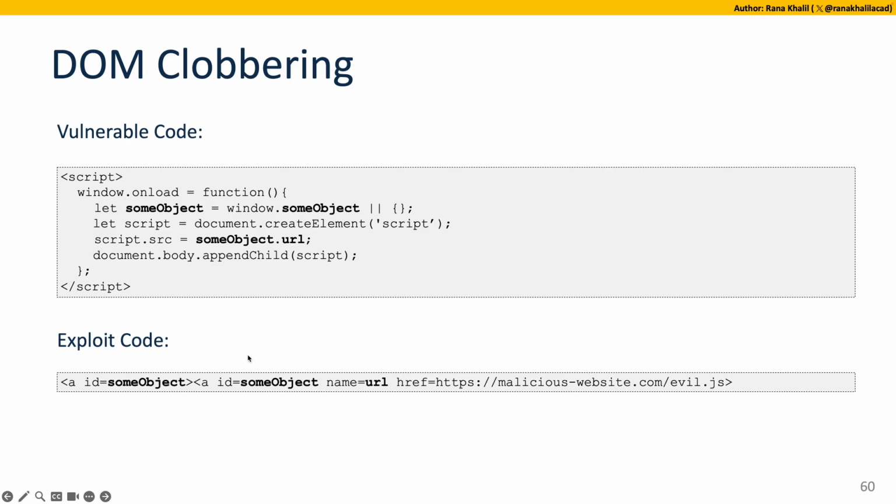However, that was overwritten by our exploit code, and so it'll retrieve it from the HTML collection, which contains the object SomeObject with the URL attribute set to the malicious site that contains a malicious JavaScript that will end up running in the application in the user's browser. And that's how DOM clobbering works.